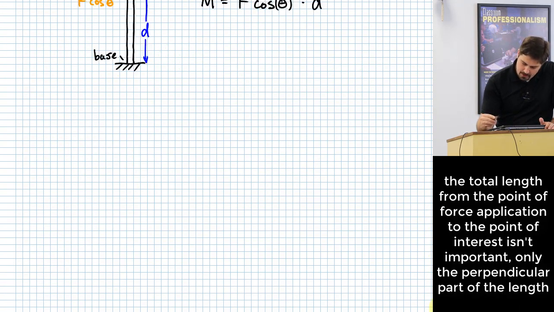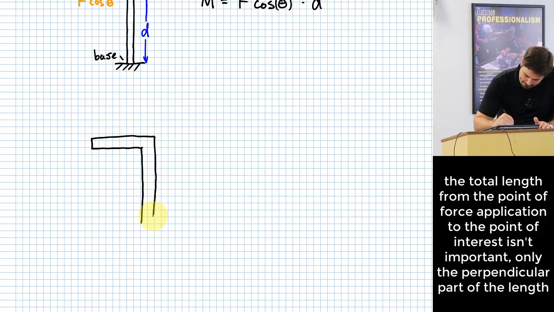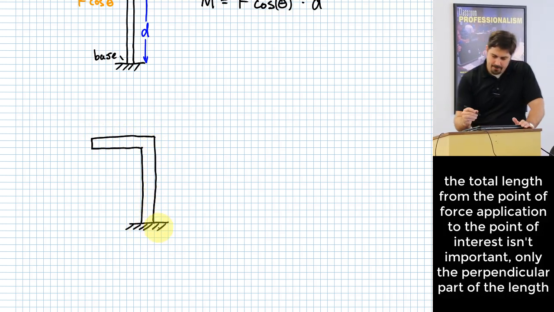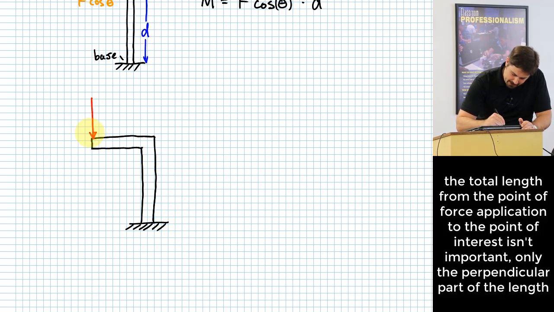Another case. What happens if I have a rod that's maybe shaped like this, such that I have a force here that is applied to the rod, and maybe it goes straight down like this.